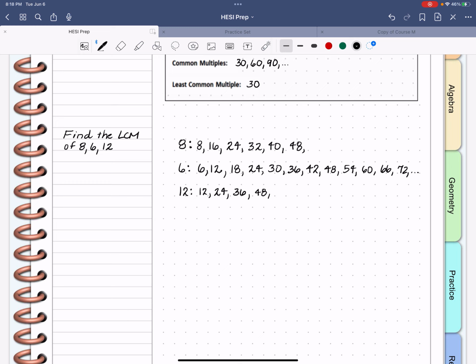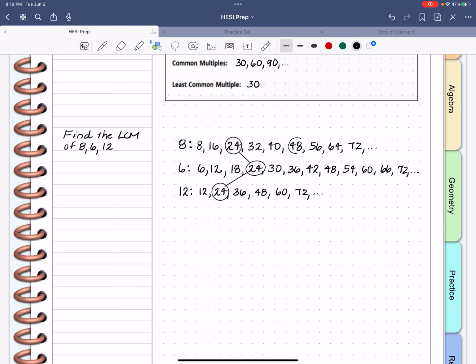Let's continue the 12s out to 72. And then the 8s, we will have a 56, a 48, sorry, not 48, 64, and then 72. So let's look at the common ones here. We know the 24 is common. All three of them have the 24.